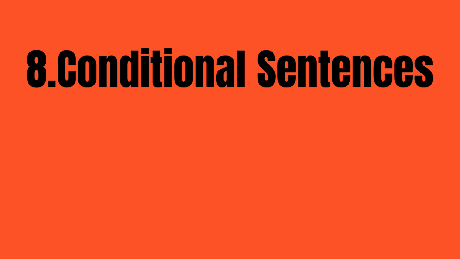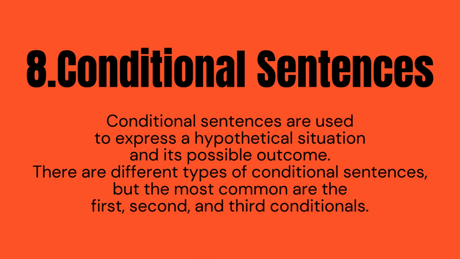Conditional sentences. Conditional sentences are used to express a hypothetical situation and its possible outcome. There are different types of conditional sentences, but the most common are the first, second, and third conditionals.